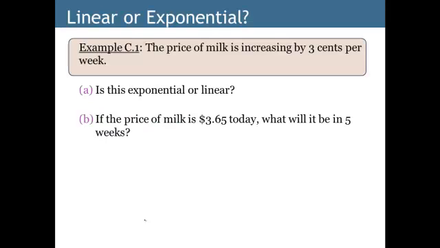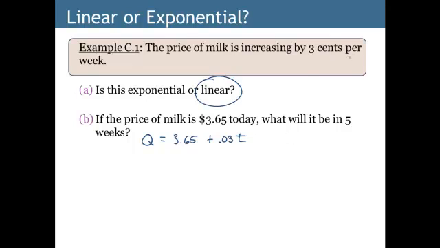The price of milk is increasing by 3 cents per week. So are you adding 3 cents per week, or multiplying? I'm adding. If you're adding, that's linear. So if the price of milk is $3.65 today, what will it be in 5 weeks? Well, if it's linear, initial amount plus the rate. 3 cents is $0.03, times t, and here t is weeks.